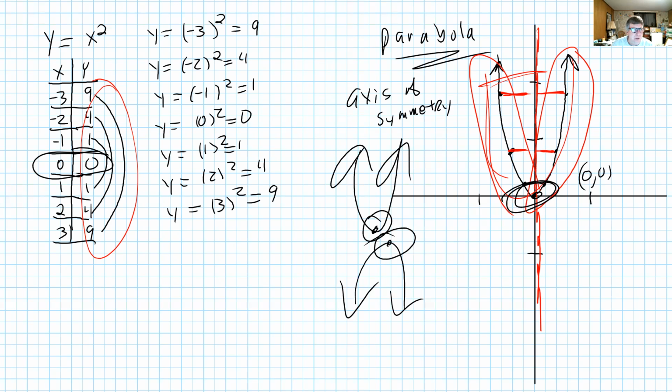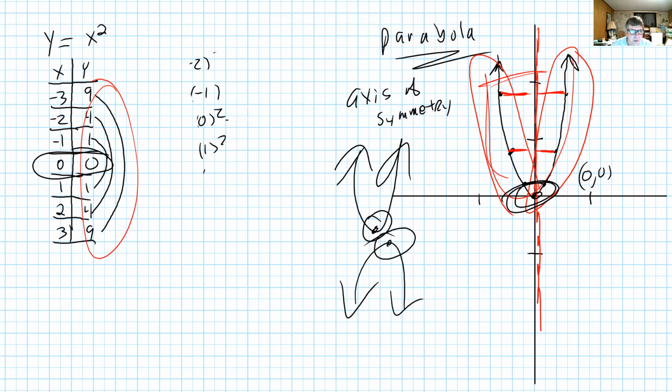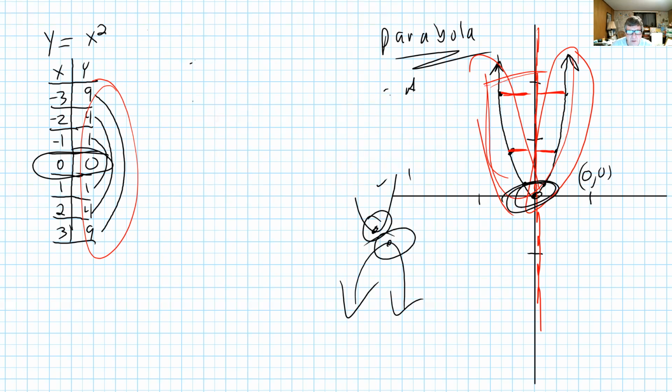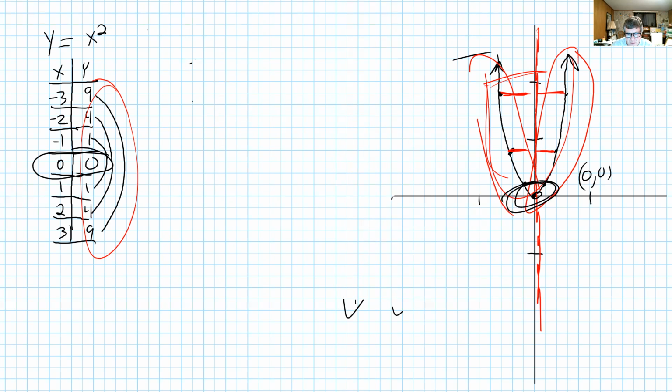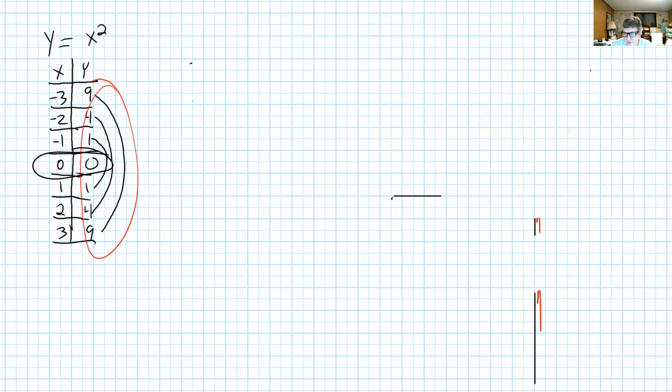All right, now what I want to do is erase this and this. In fact, let's just erase all of this, but let's keep that original graph there. And let's go back here.